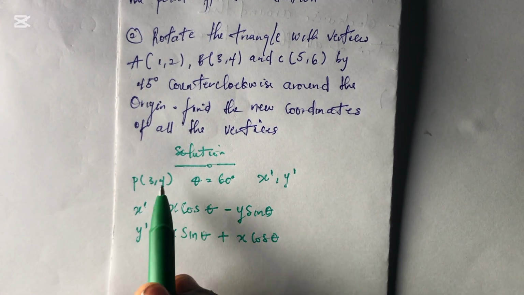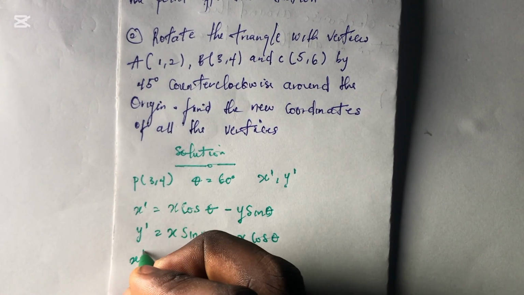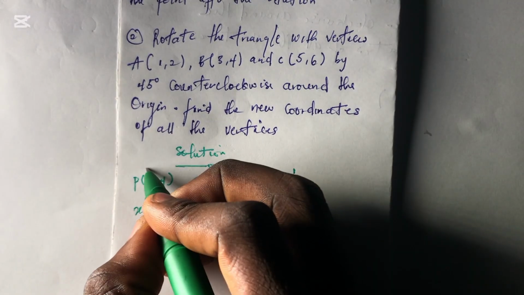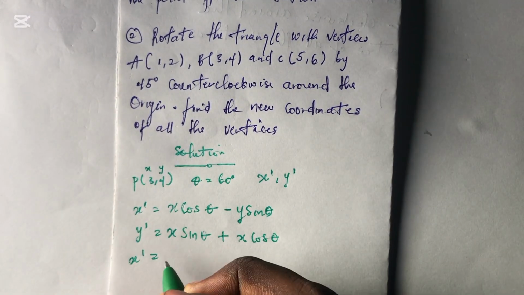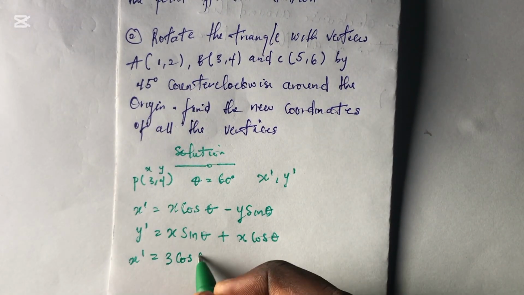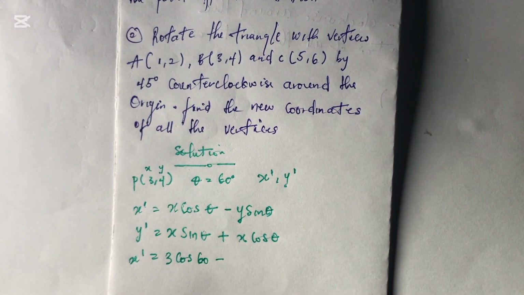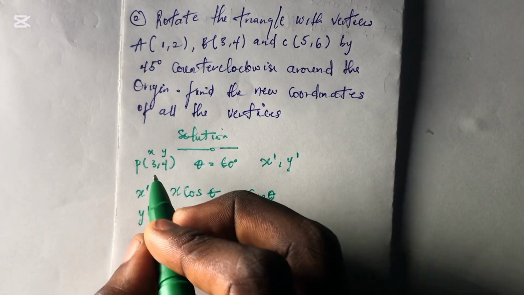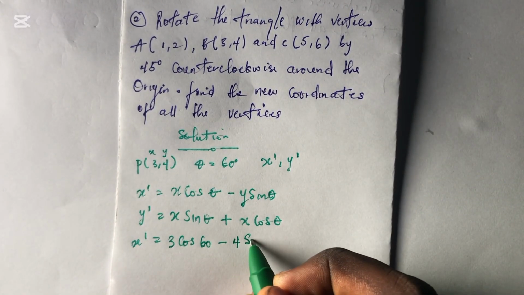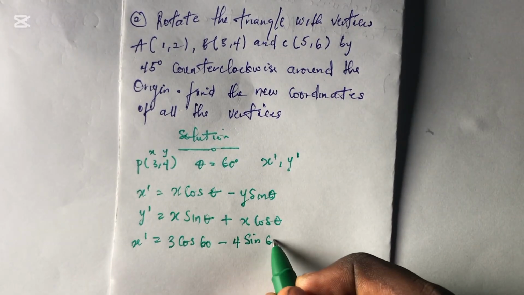So we can say that my x prime is given by x cos theta. What's my x? This is x and this is y. My x is 3, so this is 3 cos. What is my angle? My angle is 60. The negative y, y is what? 4. Then sine of 60 degrees.